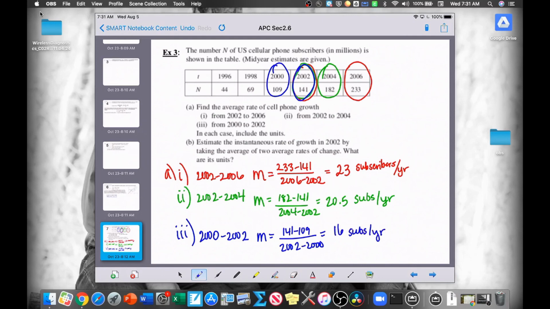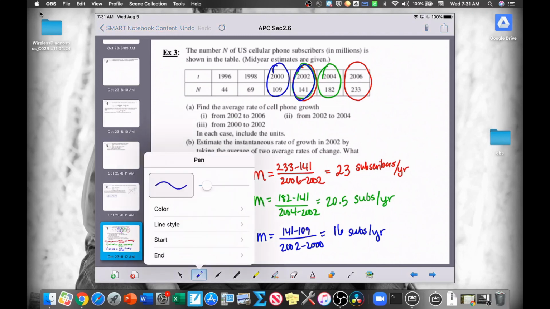And again, the best that we could do here was estimate our rate of change using the data in the table, because we don't have a function to be able to plug into one of our slope formulas to find the exact value.